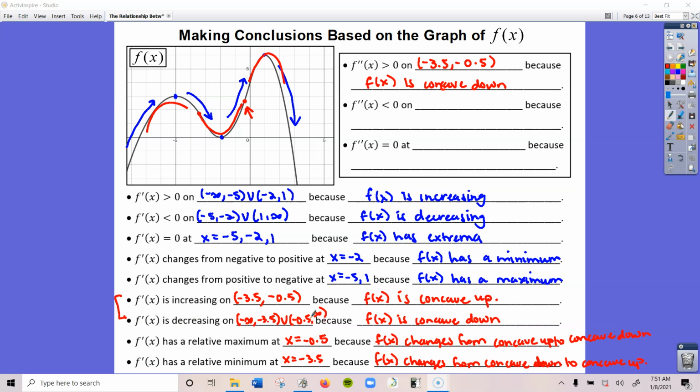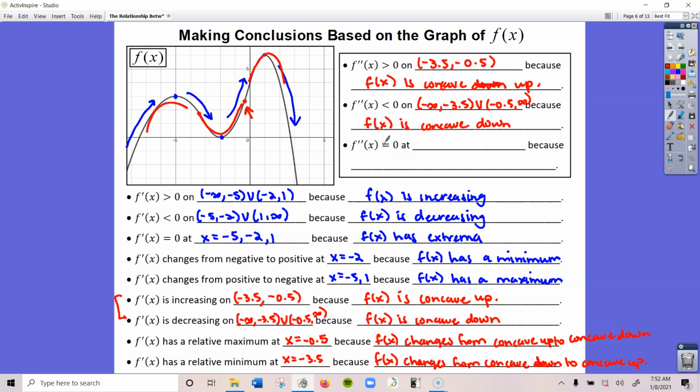So it's the exact same statement as we have written here, because that also occurs when f prime of x is decreasing. So we would say on the interval negative infinity to negative 3.5 union negative 0.5 to infinity, and we would say because f of x is concave down. And I just realized here that I put down here, this would be up. My bad.